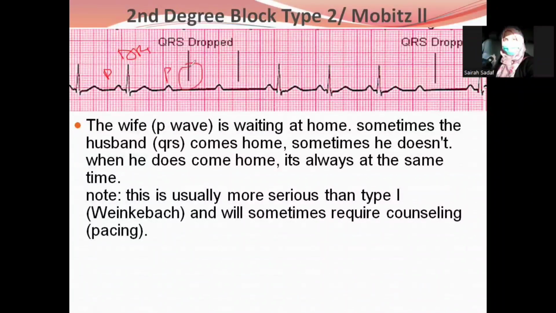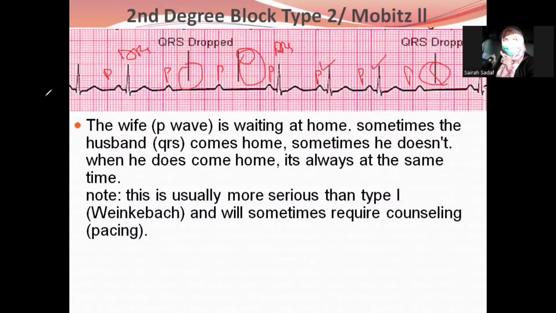There's no husband here. This is wife. Again, there's no husband here. This is wife, still waiting for the husband. And suddenly he came. He just showed up. Now he's coming home again, and he's coming home, and then he suddenly disappeared again.